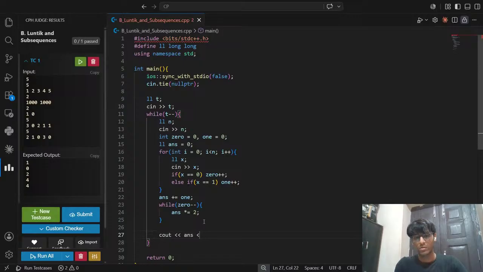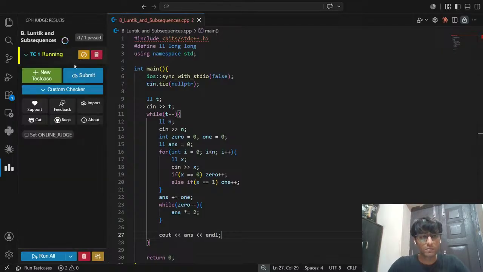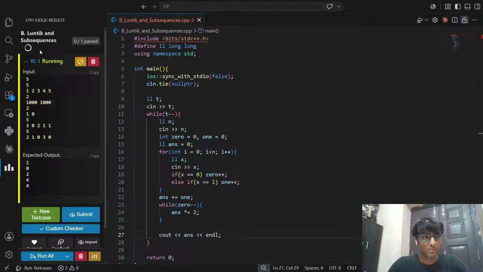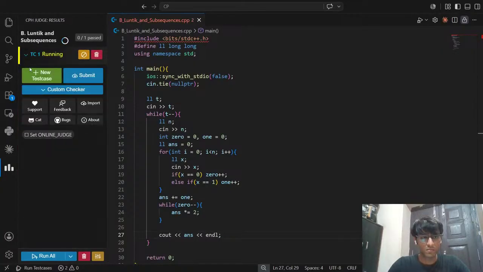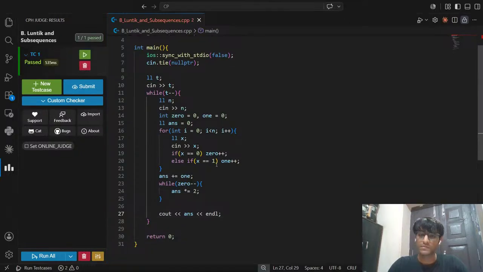I'm hopeful it will work. Let's take some random cases because I'm not entirely sure about this algorithm at all. Let me even find some test cases on my own.